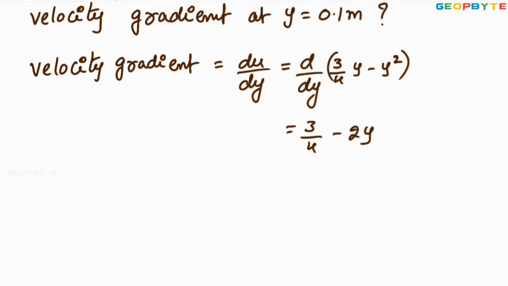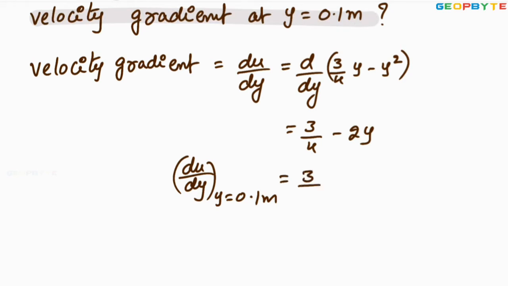But he is asking the velocity gradient du by dy at y equal to 0.1 meter. So it is equal to 3/4, in place of y you put 0.1, minus 2 into 0.1.